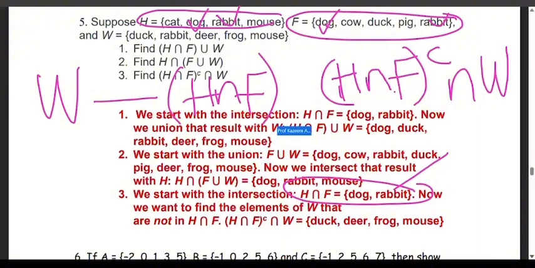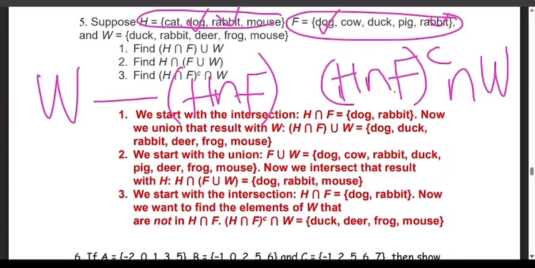What are the elements in W that are not in H and F? I'm going to say that again. What are the elements in W that are not in H and F? Do you know why I say not in H and F? Because H and F has a complement. The complement actually means not. That's what it means. That's what I figured out here.